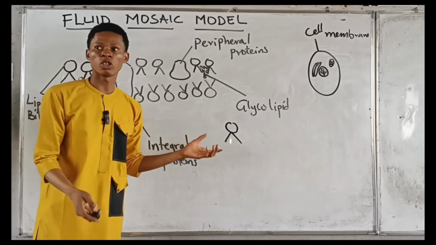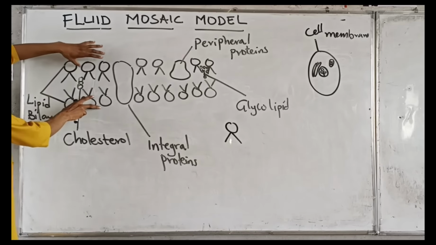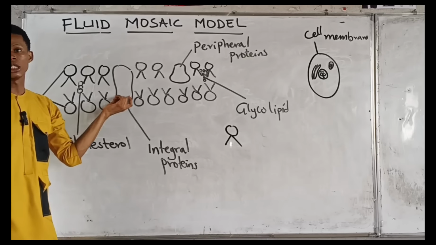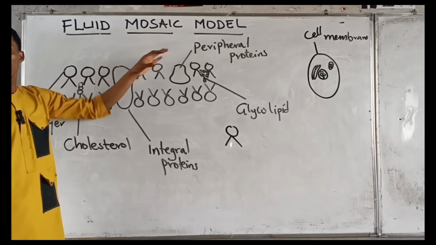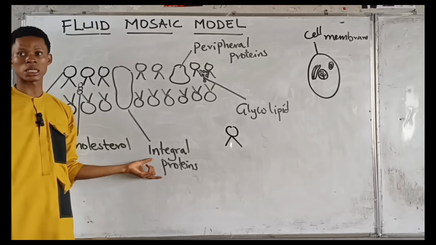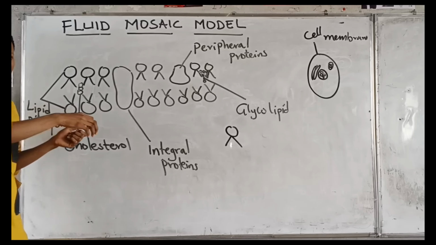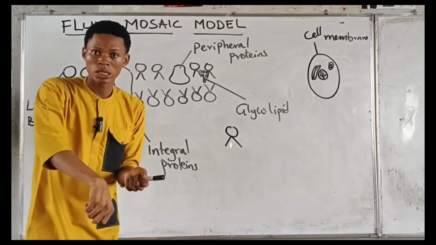Let me just tell you the names of the components, then I take them one after the other to explain. So we have a lipid bilayer. Now we have a protein here and we have another protein here. This protein found here is called the integral protein. It is called integral because it is integrated, put into, immersed in the membrane.